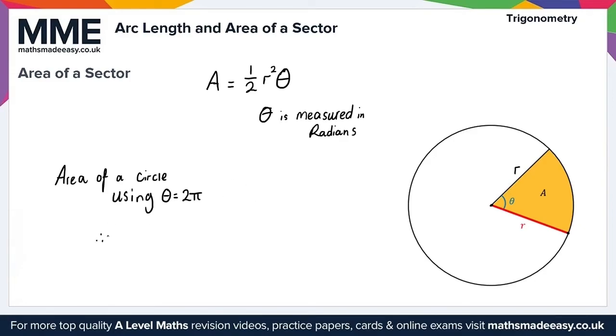So the area of this circle, A, is equal to a half times r squared times theta, and theta is 2 pi. A half times 2 pi will just give us pi. So what we obtain for the area is pi r squared, and we know clearly this result gives us the area of a circle.